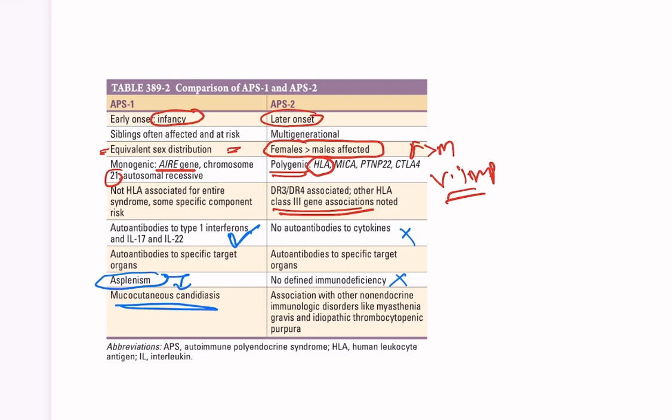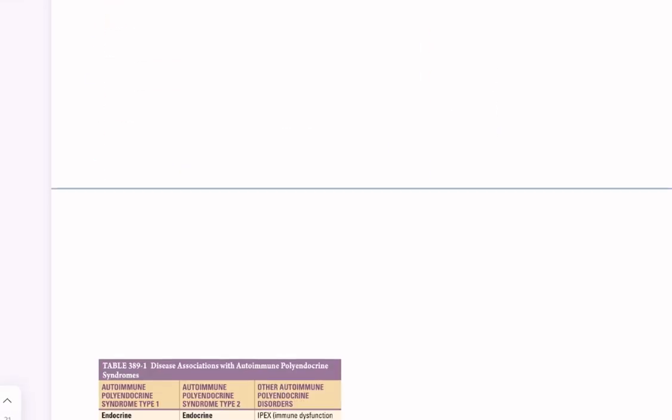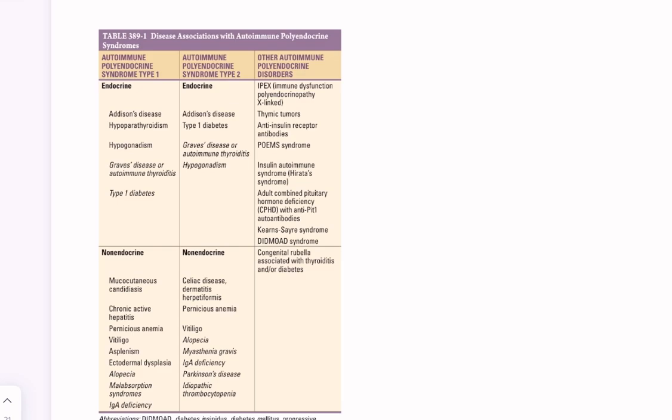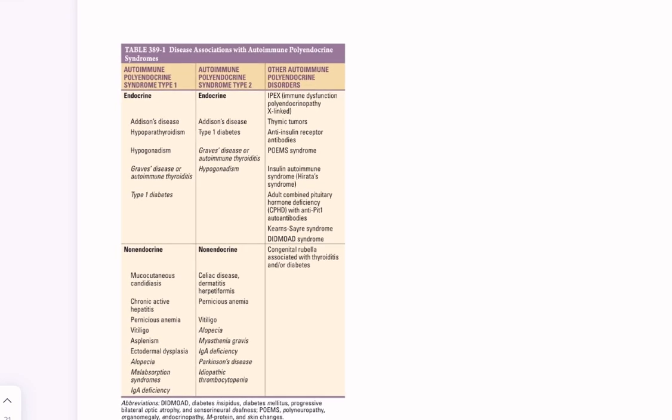Now moving ahead to one more table which is also important in regards to this topic, and that is the features of APS1 versus APS2. The endocrine features include Addison's disease, hypoparathyroidism, hypogonadism, Graves' disease or autoimmune thyroiditis, and type 1 diabetes.